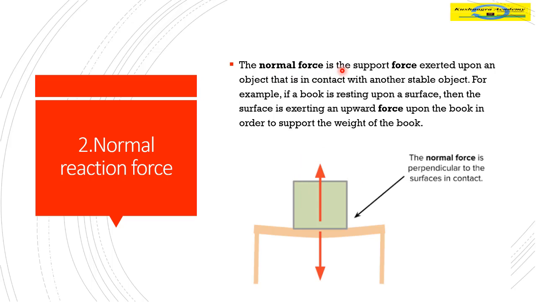The normal force is the support force exerted upon an object that is in contact with another stable object. So these two are in contact with each other and the table is a stable object. For example, if a book is resting upon the surface, then the surface is exerting an upward force upon the book in order to support the weight of the book.